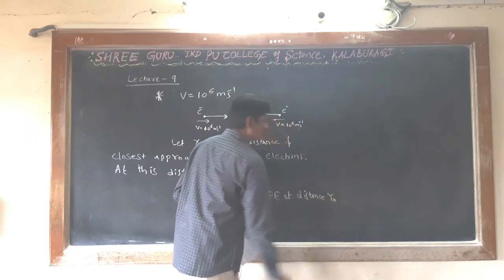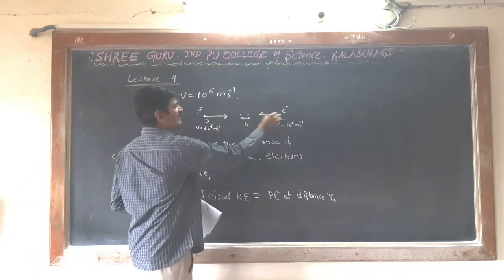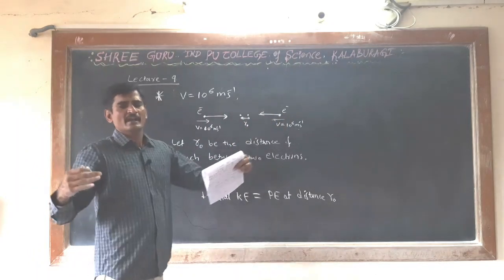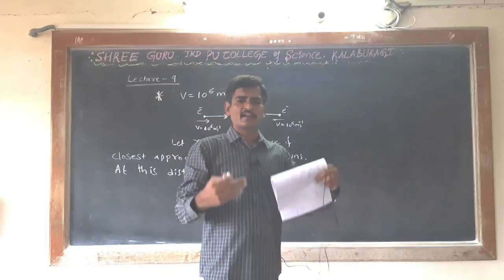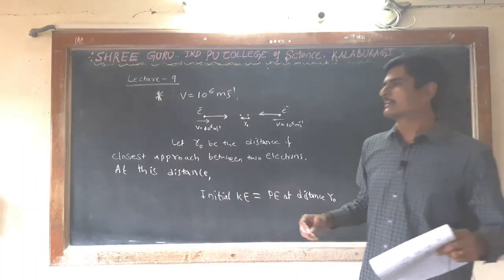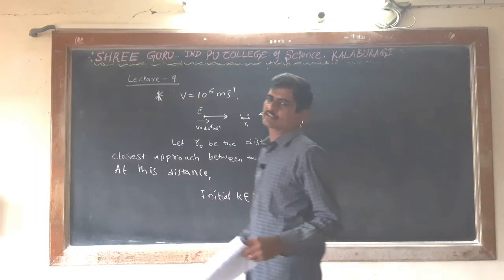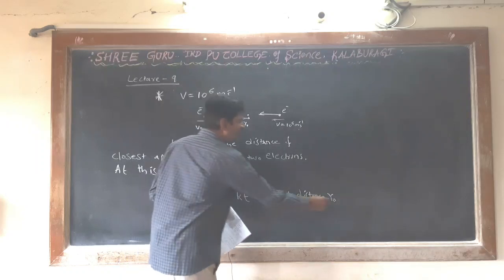Whatever the initial kinetic energy both had, as they come closer and closer, the kinetic energy decreases and the potential energy increases. At a particular separation, the entire kinetic energy is converted into potential energy at the distance R naught.